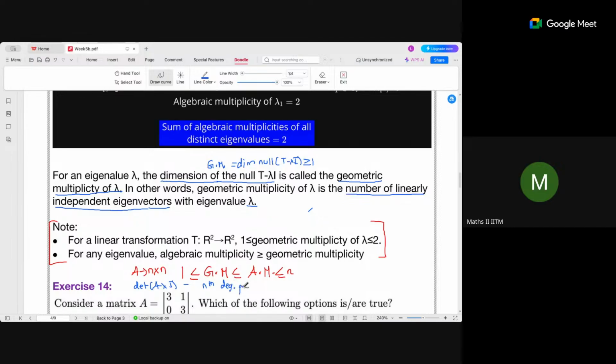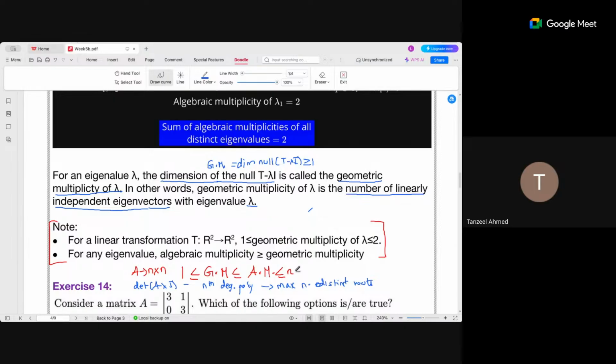So for an nth degree polynomial, what is the maximum number of distinct roots it can have? n. Yes, so maximum n roots. So the algebraic multiplicity cannot exceed n. Is that clear now? Yes.